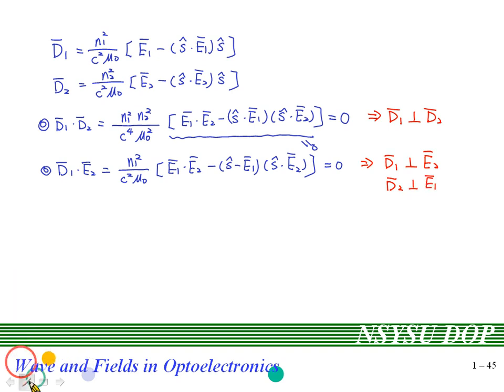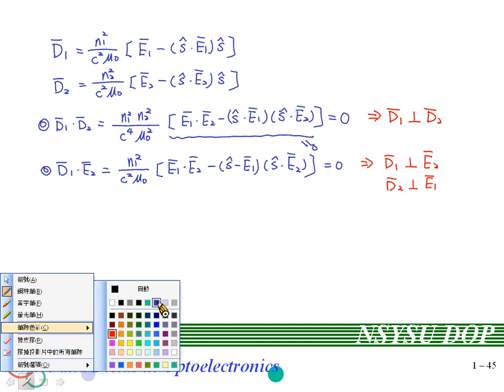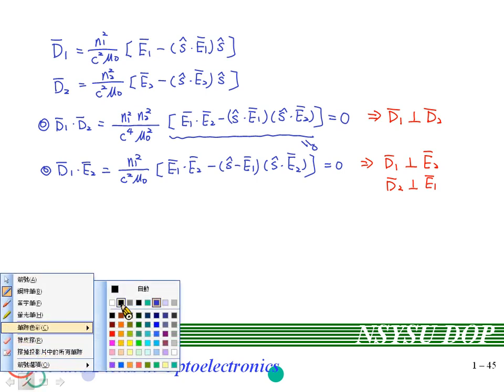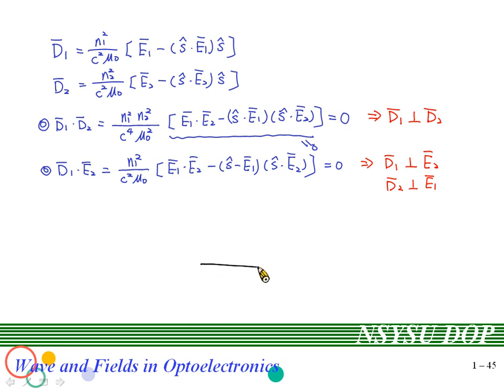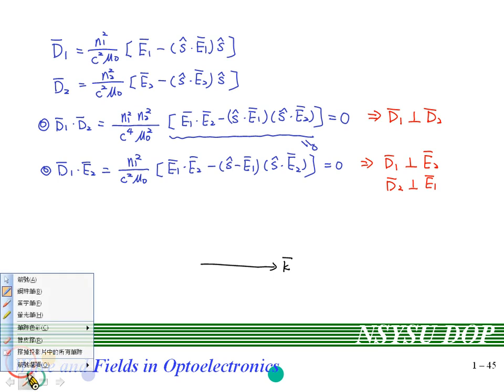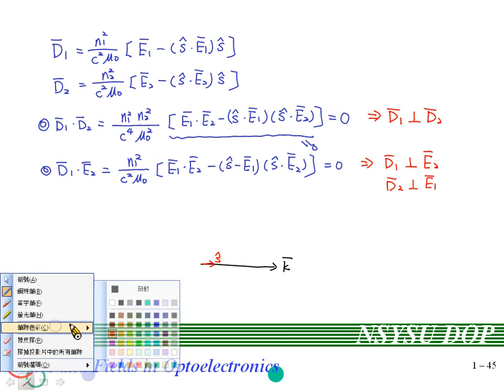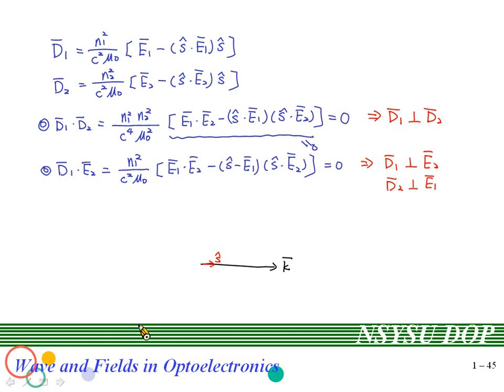So we can plot the relationship of these vectors of these two modes in space like this. We have a k vector here, and along the k vector you will have the unit vector s hat. And then if you have the first solution E1, let me plot it in green.